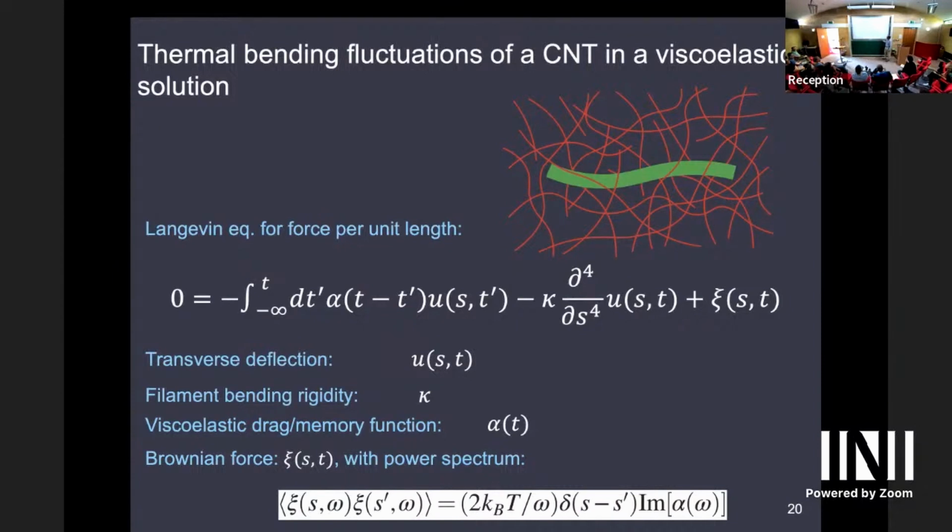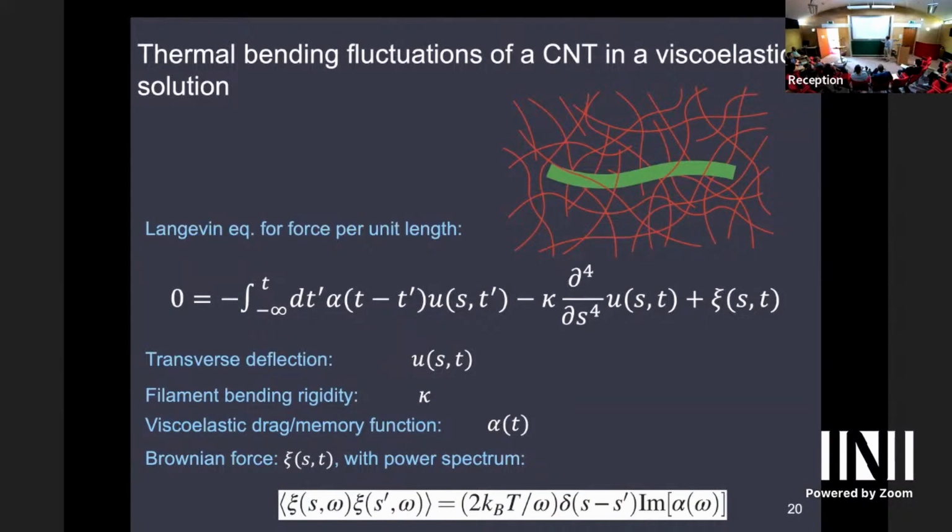U is the lateral displacement of the filament from a reference line connecting the ends. You have the bending elasticity, which is just the bending modulus of the filament, with a curvature dependent restoring force. And of course, you have a Brownian noise term, that's the last line here, connected by fluctuation dissipation to the response function to make FDT work.